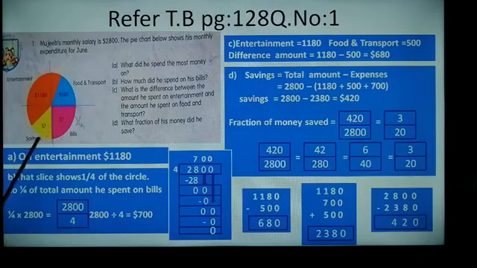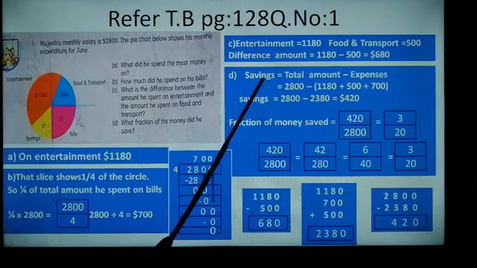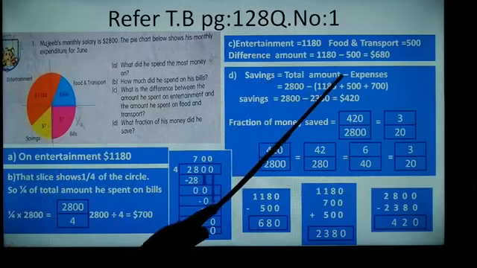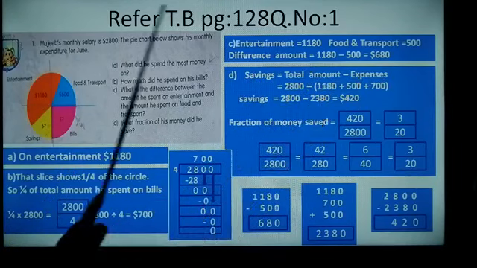How will we find out the saving amount? Because now we know all the other slices. 1, 2, 3, 4 slices are there. 3 slice amounts we know. Only we have to find out the 4th one. And we know the total amount. So it is very easy, isn't it? So how to write? Savings is equal to total amount subtract all other expenses. What is the total amount?